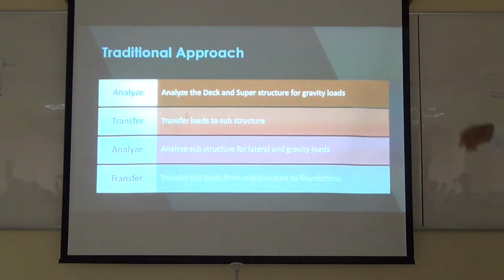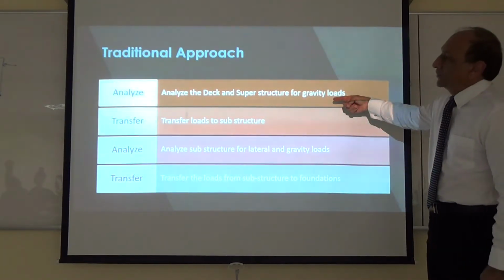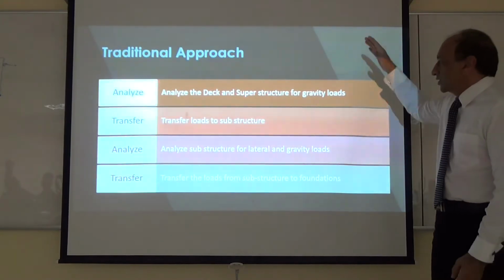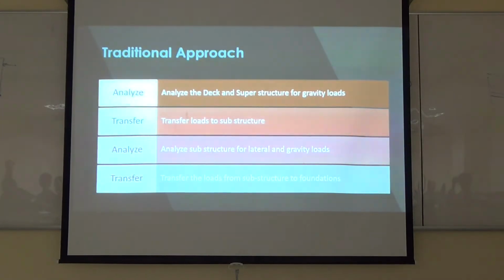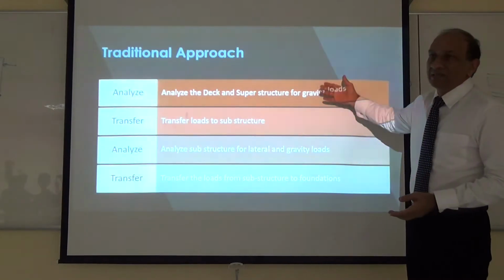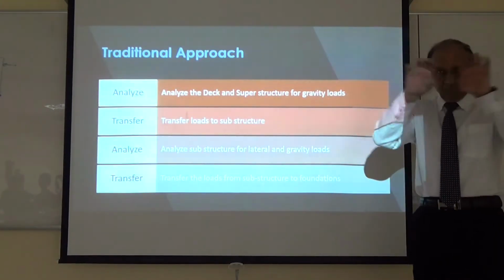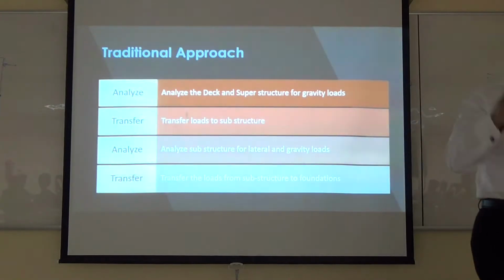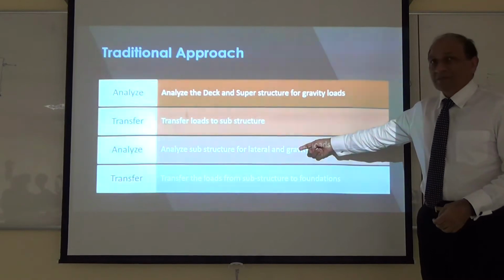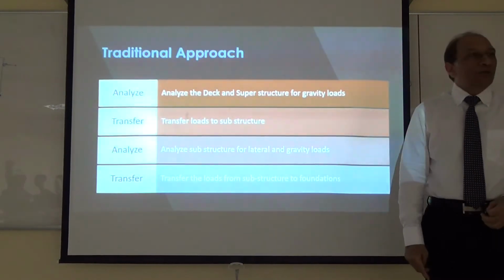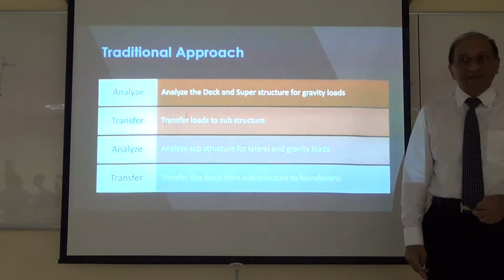But traditionally, the first step is that people analyze the deck and superstructure for gravity loads. So the top of the slab or the deck, they analyze for live load, for vehicle load, for deck load, self load, and then they transfer the reactions from that superstructure to the substructure, pylons and columns and piers, and then they analyze the substructure for lateral loads, earthquake and wind and braking and acceleration and all of that kind of stuff.